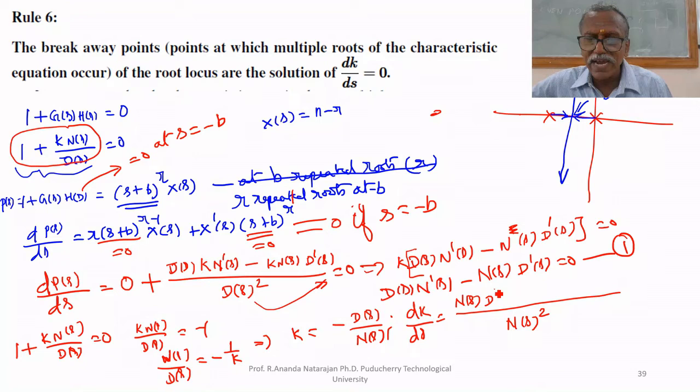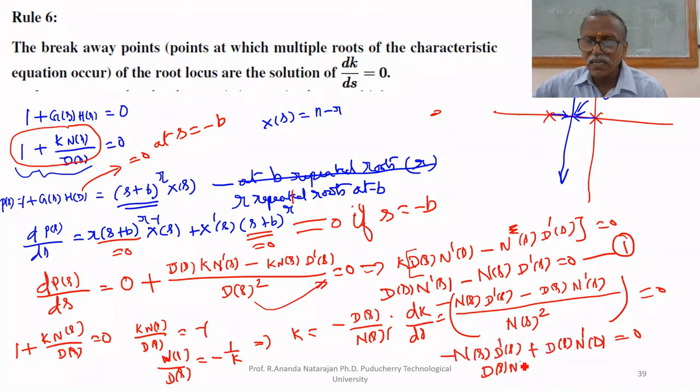Or we can say that n of s d dash of s plus d of s n dash of s equal to 0. Or you can write d of s n dash of s minus n of s d dash of s equal to 0. We got the same. 1 and 2 are same.